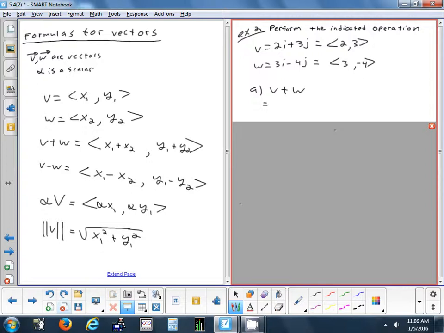Jake, could you tell me what I get when I combine my x components? 5i. Yeah, I'm going to write it that way in a second. Or you know what? If you want to do it that way first, we can do it that way first. Yep, 5i. And what about my j? Negative 1j. Yep.